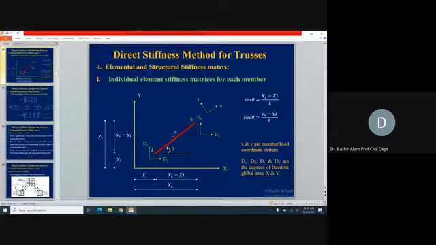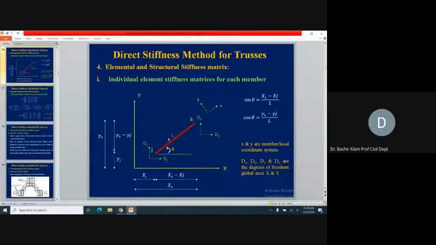The projections we defined: the horizontal projection in terms of the X coordinates, the vertical projection in terms of the Y coordinates. Then theta was measured from the positive X-axis in the counterclockwise direction.